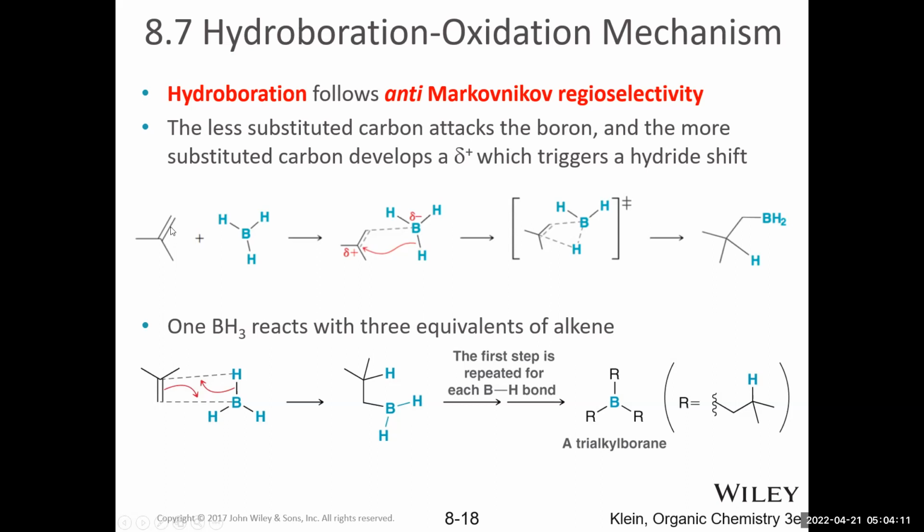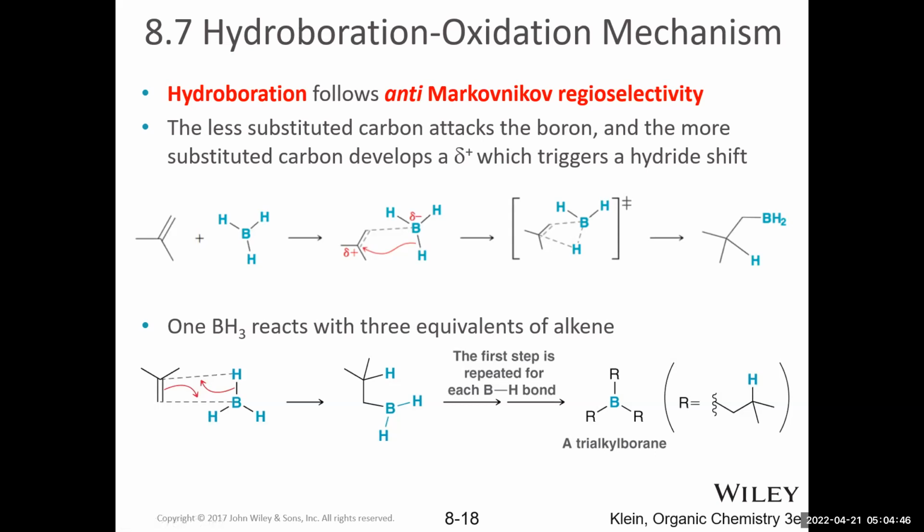So if it acts as a nucleophile, it can attack the boron, which can trigger a hydride shift. As soon as these pi electrons start associating with the boron, a positive charge develops at this tertiary carbon. And then because the boron is taking on a negative charge with this extra electron density, it can lose 2 electrons in the form of a hydride shift. So that has occurred to form this alkyl borane intermediate.